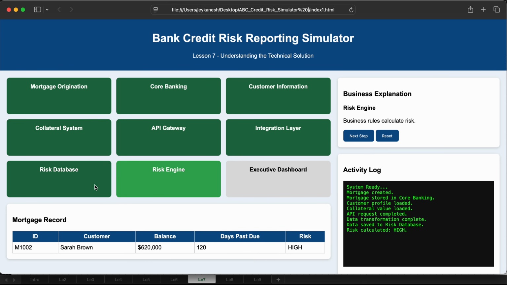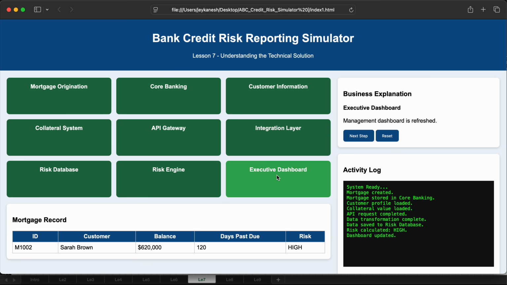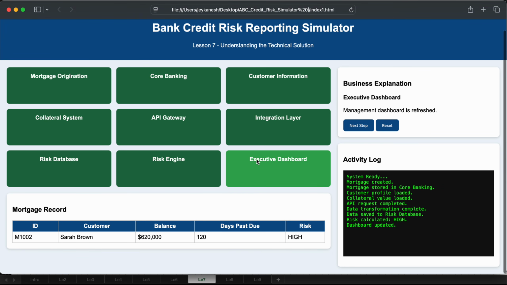Risk engine now runs, evaluates the data and applies the rules. The expected outcome we got is high, dashboard updated here. So this is one entire giant thing happening. It's all connected, but we have different services doing different jobs efficiently.